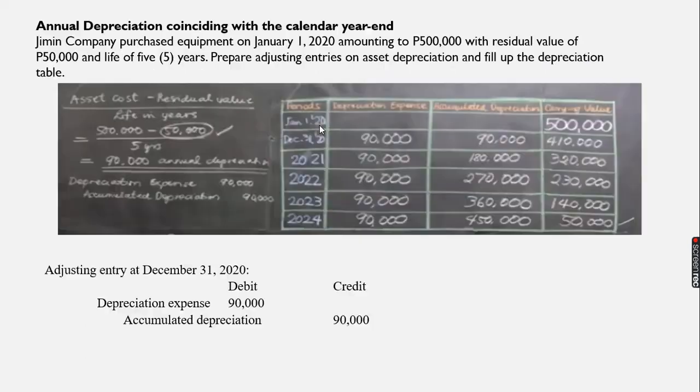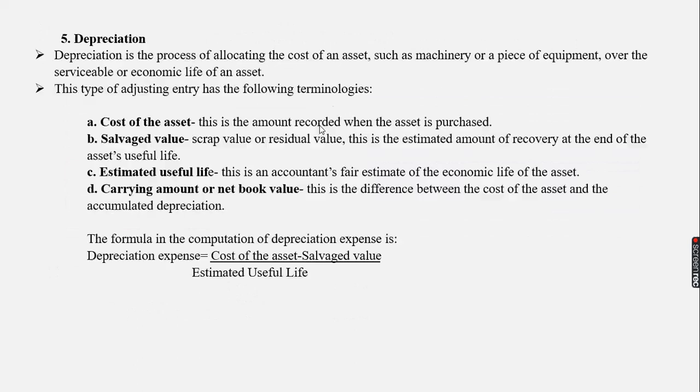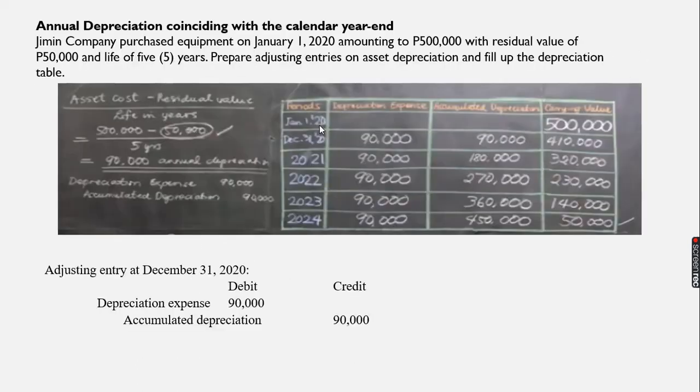Now, let's take this example again. Annual depreciation coinciding with the calendar year end. So, GMIN Company purchased equipment on January 1, 2020 amounting to 500,000 with residual value of 50,000 and a life of 5 years.